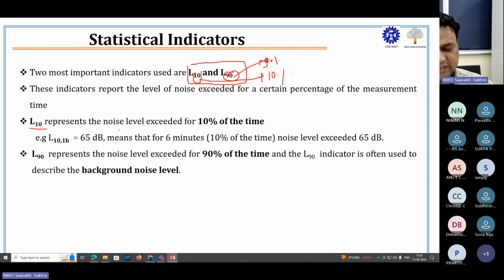L10 represents the noise level exceeded for 10% of the time. Suppose your monitoring period was 1 hour. In 1 hour, there will be 60 minutes.